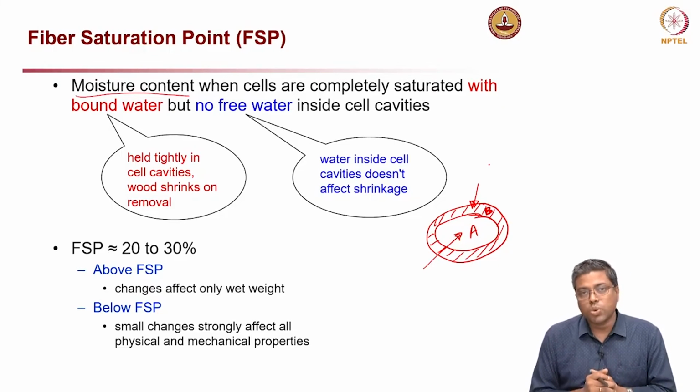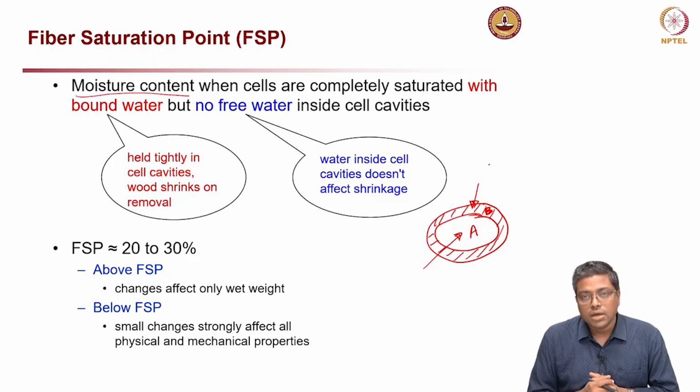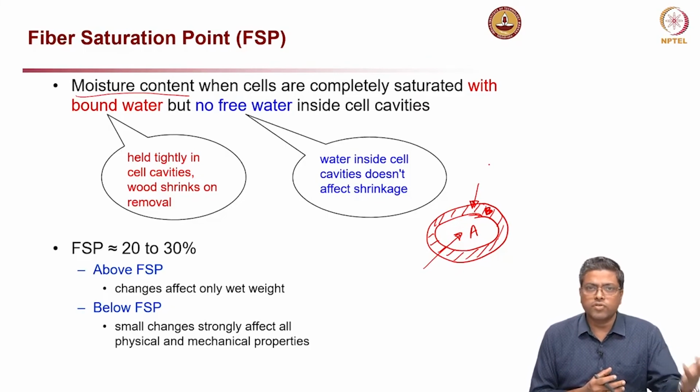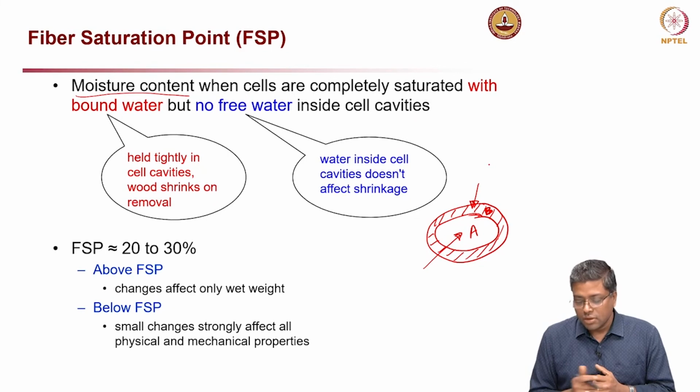Let me reiterate this once more. Let us say you take a new wood, you cut it, you are going to process it, and you have to first dry that wood, right. Initially you will have a lot of moisture in the wood. As you start drying, first the water inside the cell cavities, that is region A, will start drying.